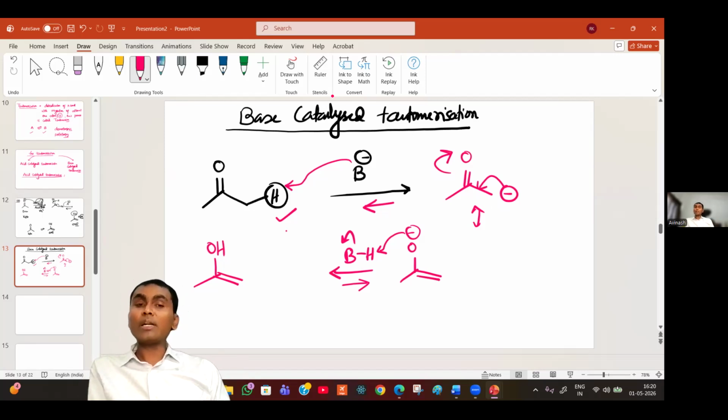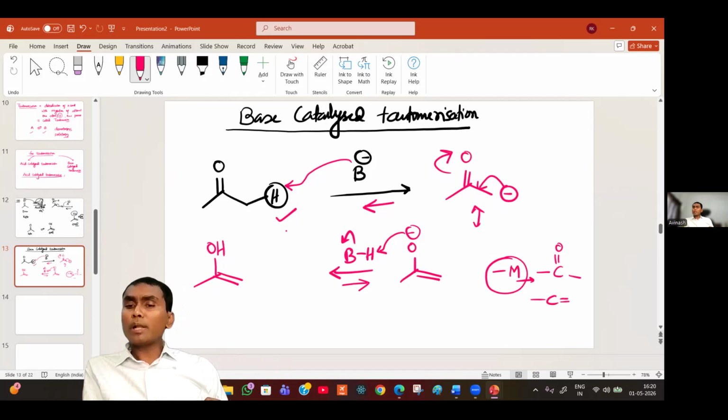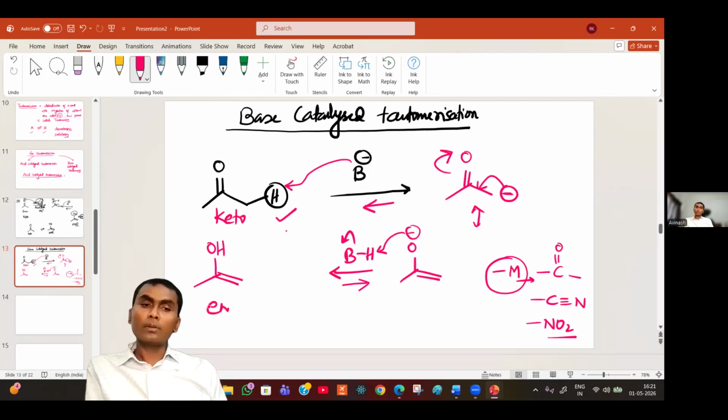Base traps those H plus ions which are under the effect of a minus M group, like C double bond O, C triple bond N, or NO2, which makes the hydrogen more acidic. B minus traps this H and the negative charge arises here, and this one is OH. This is called keto, and this is called enol.